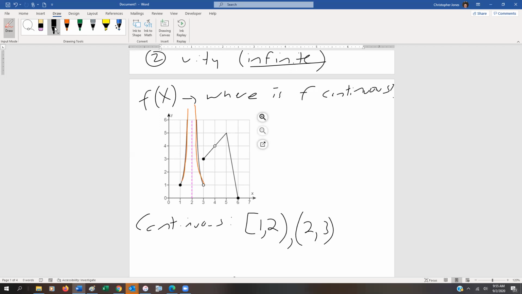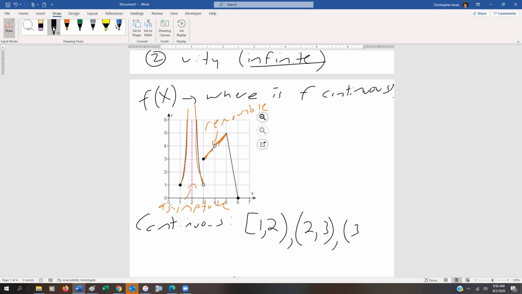And then we have that jump. So we start up again at 3. And then from 3 to 4, and by the way, this is an asymptote discontinuity. From here to here, all right, so from 3 to 4, there's another discontinuity, and this one is going to be a removable discontinuity at 4.